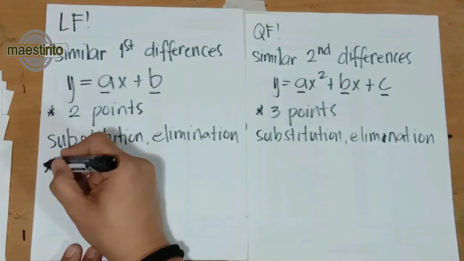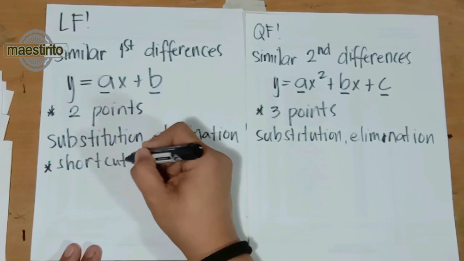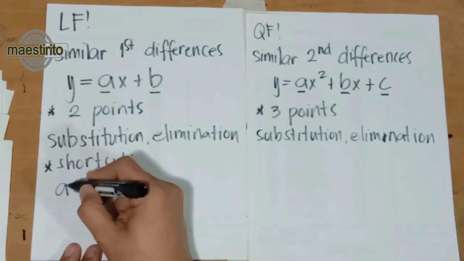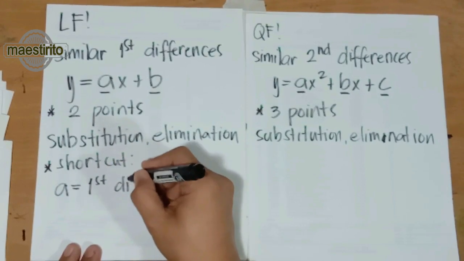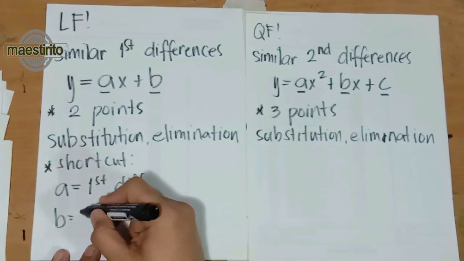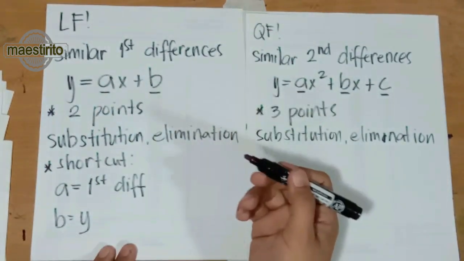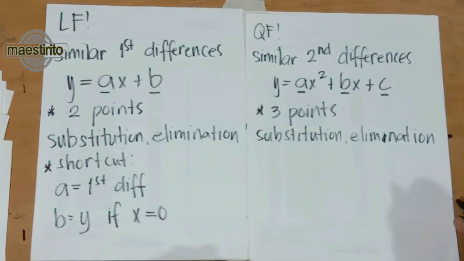Okay, so I have already revealed to you the shortcut for the linear function. A is the first difference, and then your b is the value of your y in the table of values if your x is equal to 0.